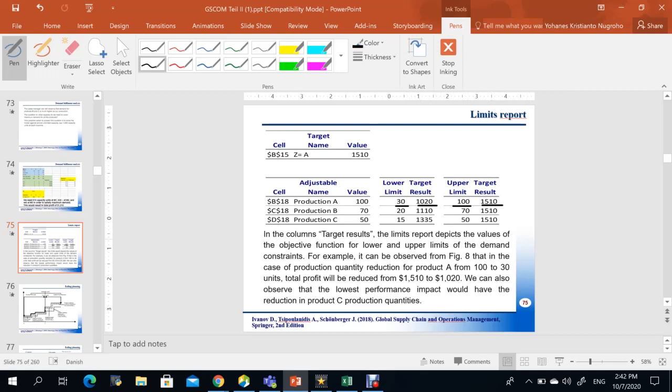We can also observe that the lowest performance impact will come from the reduction of product C production quantities.